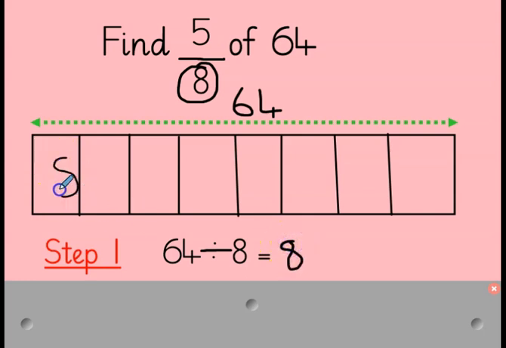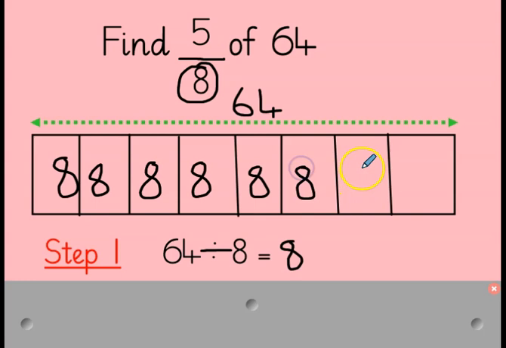And each of my 8 sections here is equivalent to 8. Could be 8 oranges, 8 apples, 8 pens, 8 pencils, or just 8. But each one is equivalent to 8. Okay, so we have found a unit fraction. We have found 1/8 of 64.